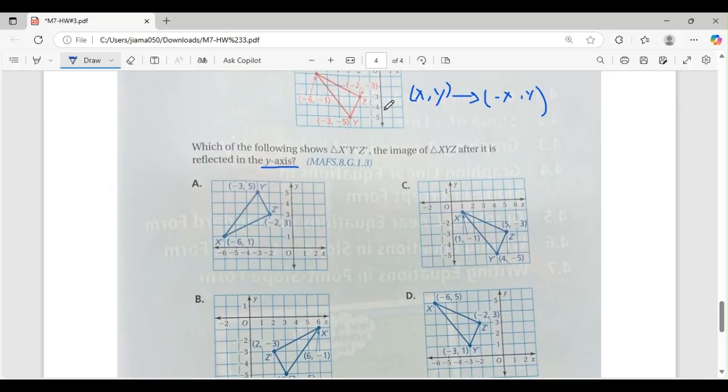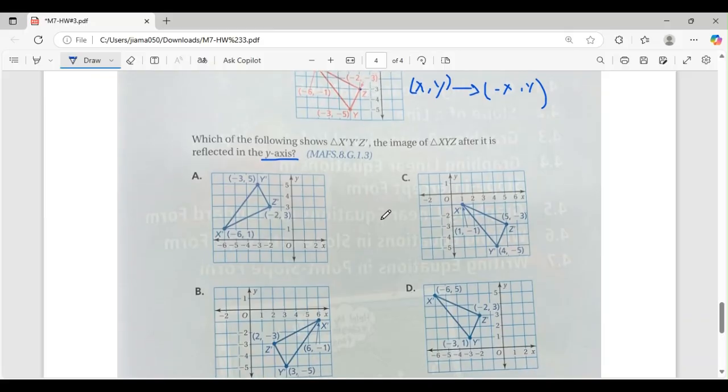Okay, so we can check it against the options. For example, we can use this point to look at the options. This one is -2, so after changing it will be 2.